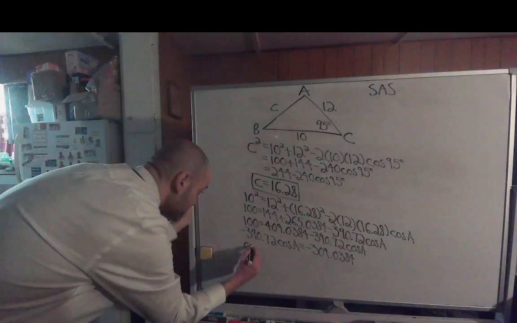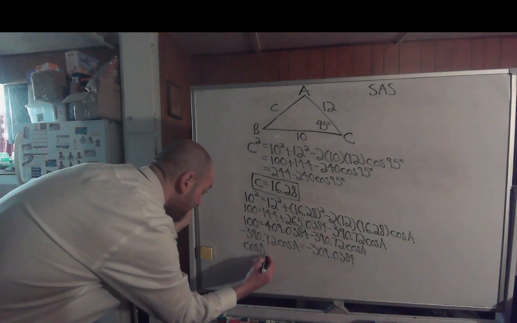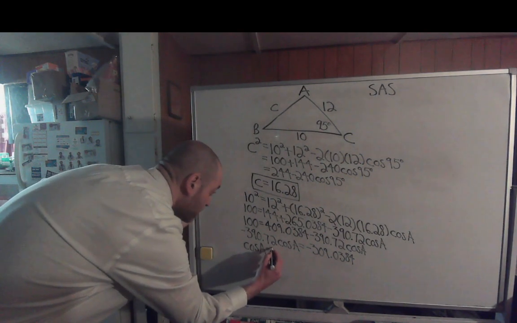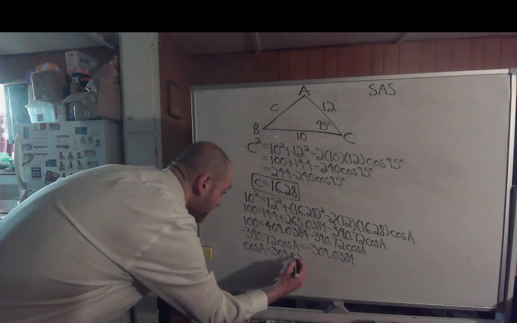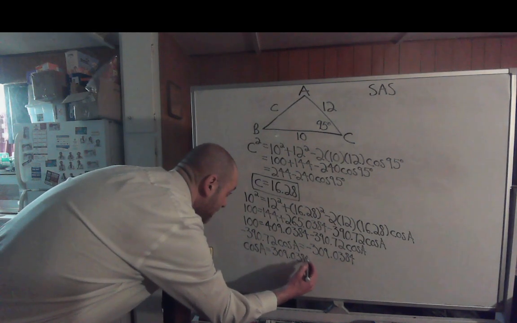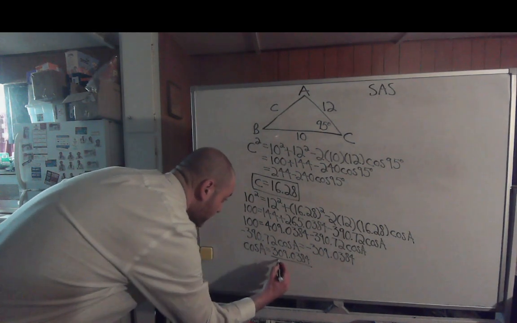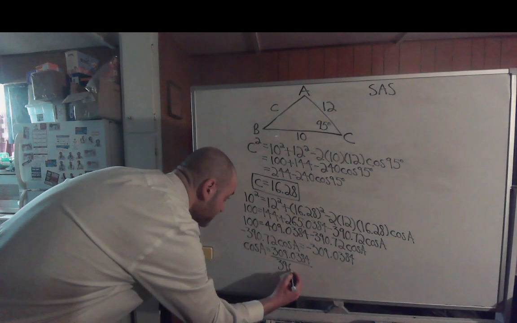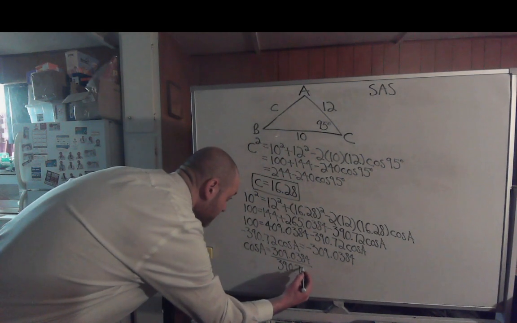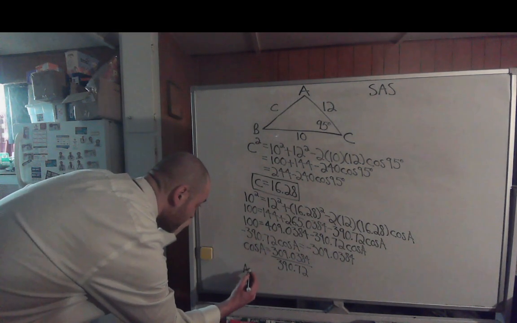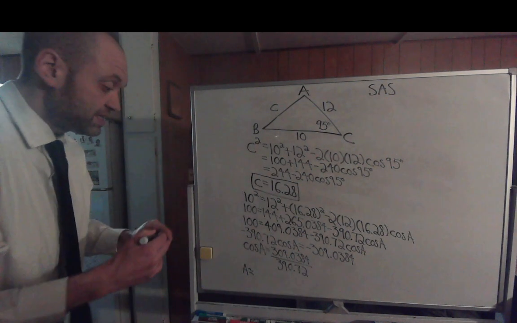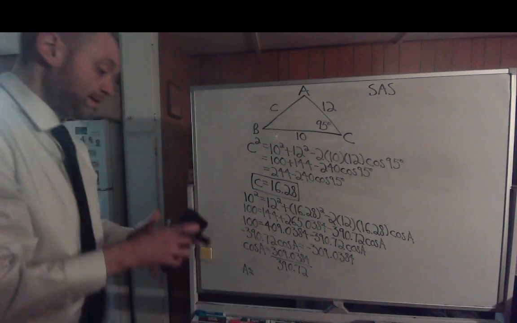So then the cosine of A would equal 309.0384 all over 390.72. So now A is just the cosine inverse of all that. So let's see about what we get.